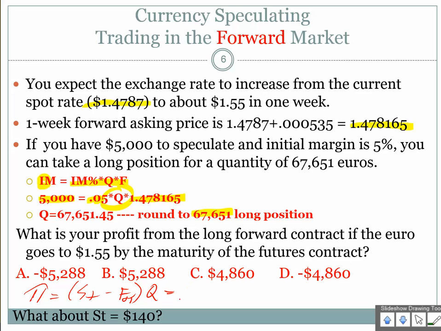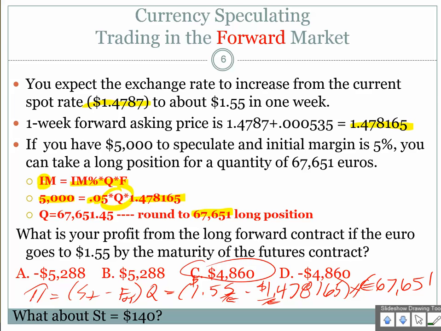That's going to be $1.55 per euro minus $1.478165 per euro times 67,651 euros. The euros cancel out, gives you an answer in profit, and that answer is C, $4,860. Now you can verify on your own that if the price goes to $1.40, your profit is negative $5,288.